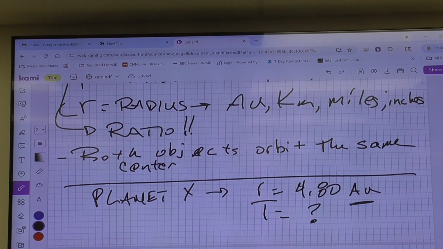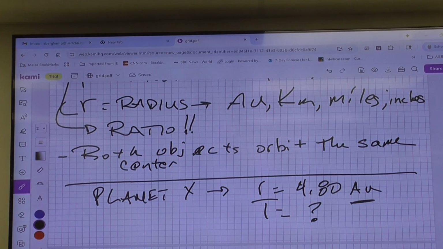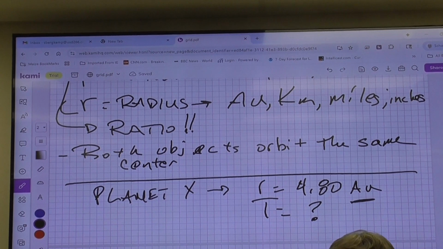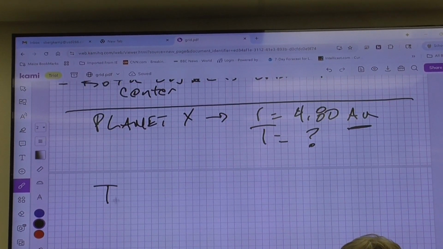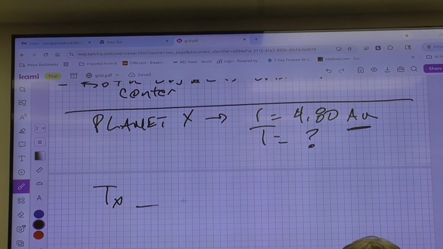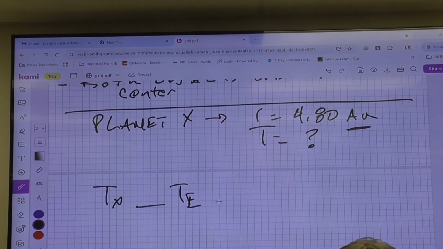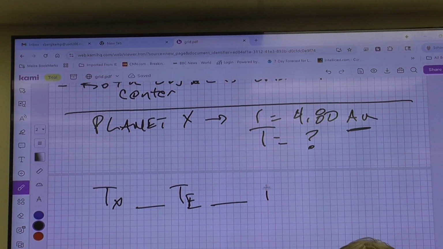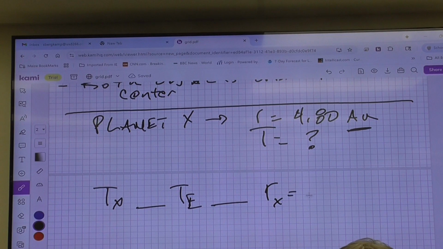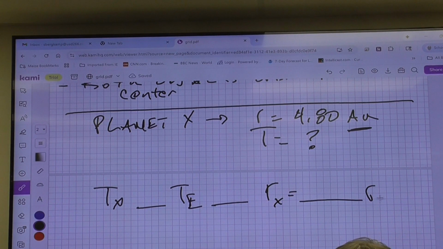So for Kepler's laws to work, you need 4 variables. You need the period of planet X, the period of Earth, the radius of planet X, and the radius of planet Earth. I need 4 variables.